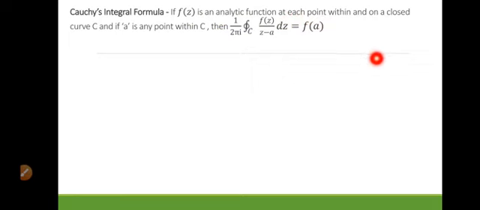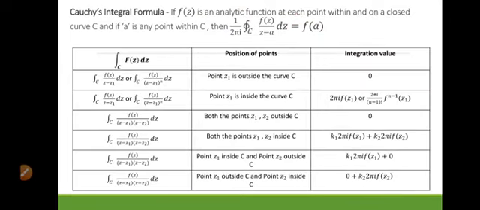From the exam point of view, this topic is very important, as there will surely be one example, one question from this topic. Now depending on the position of the point with respect to the given curve C, the integration value is different.